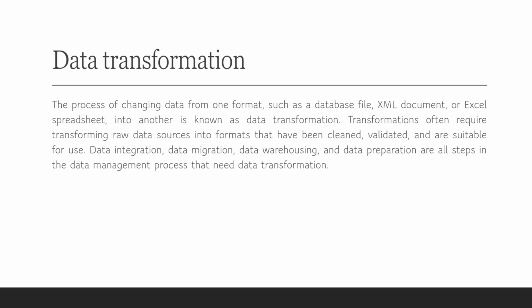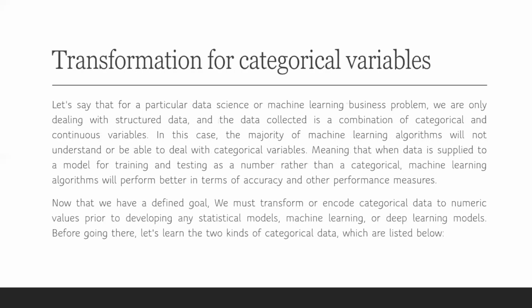Data integration, data migration, data warehousing, and data preparation are all steps in the data management process that need data transformation. So let's see how we can do transformation for categorical variables, or why it is important.